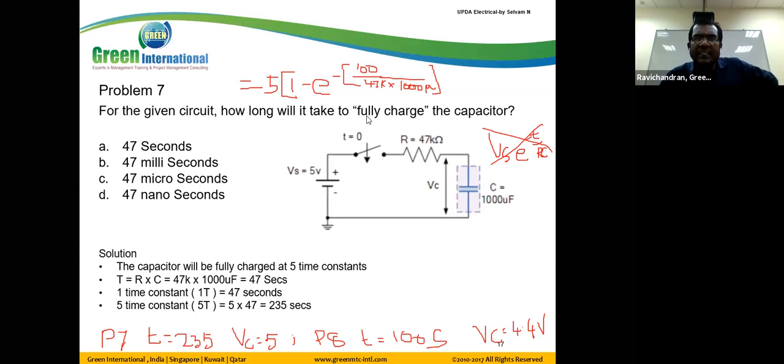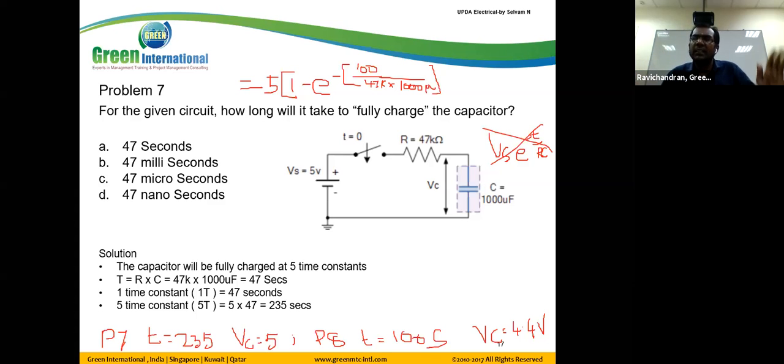Once again, compare with problem number 7. They say fully charged. Supply voltage is 5 volts. We have a capacitor. At fully charged, what is the voltage in the capacitor? Just see the circuit diagram. Initially, the capacitor is fully discharged. There is no voltage in the capacitor. At one particular instant, the capacitor is fully charged.